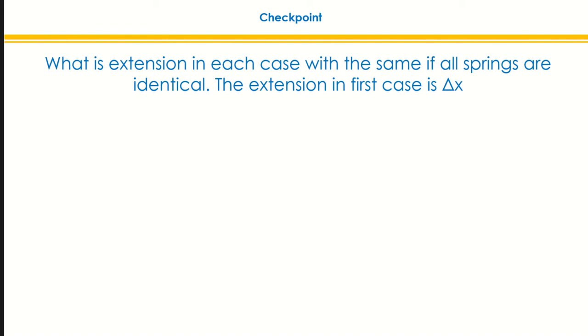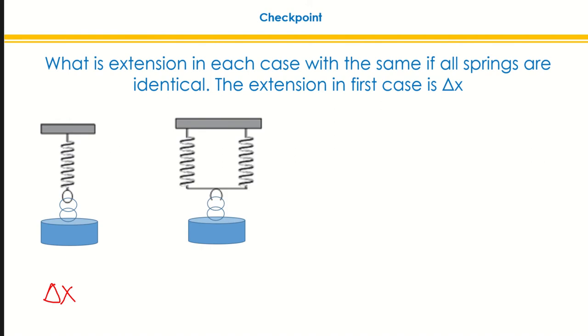Let us consider another example where a spring has been loaded with a certain load, and this produces an extension of Δx. If the same spring, an identical spring, is added into the system in this way, and the same load is used, how much is the extension now?